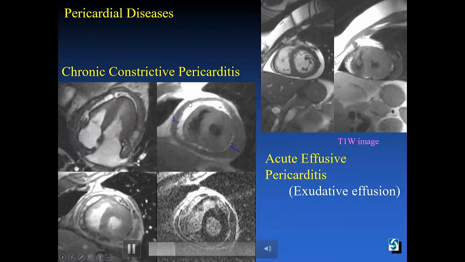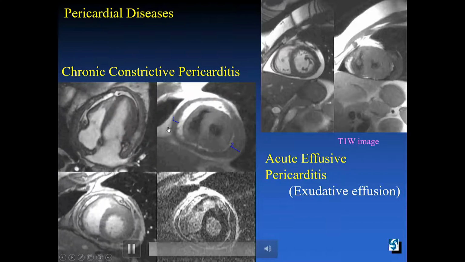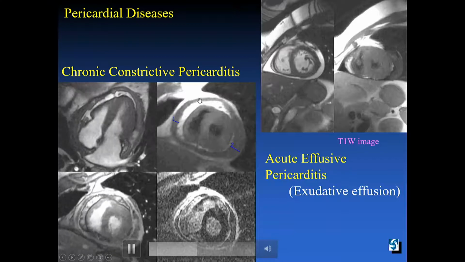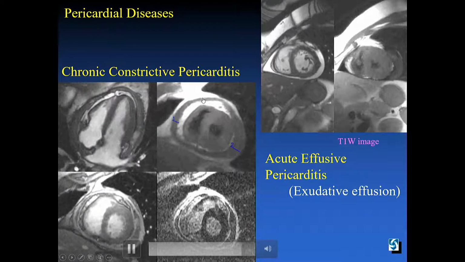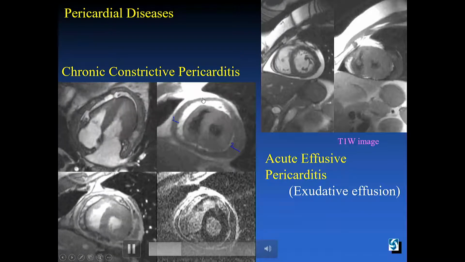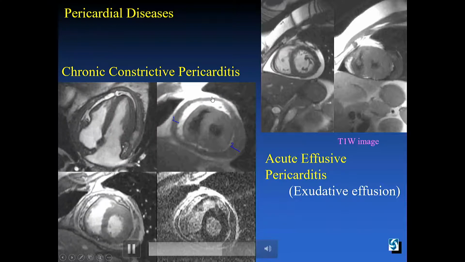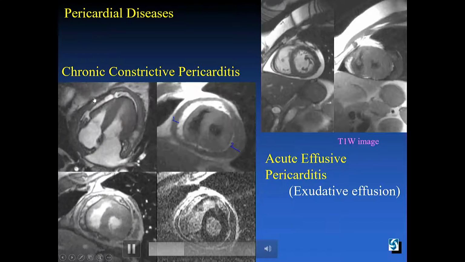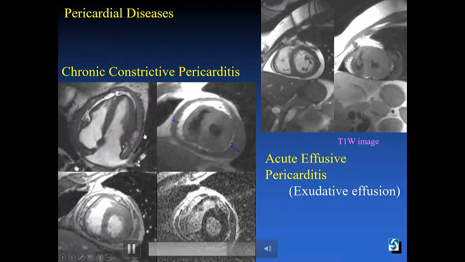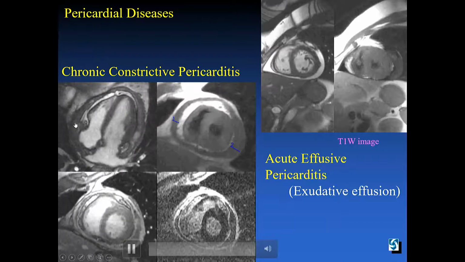This dark band is what we call the pericardial apparatus, which contains not only the thickened pericardium, but also the pericardial space that contains pericardial fluid as well. As you can see on the left side, this dark area is the pericardial apparatus. It contains the two layers of pericardium and the space in between. In this case, it's markedly thickened.